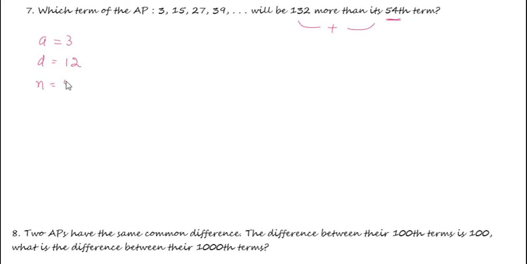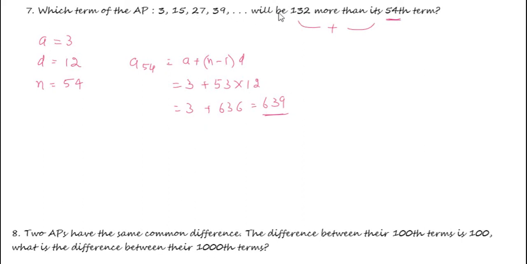Let us find out a54. a54 equal to a plus n minus 1 into d. a is 3, n minus 1 is 53, into d, which is 12. So 3 plus 12 times 53, that is 636, plus 3 is 639. The 54th term is 639.